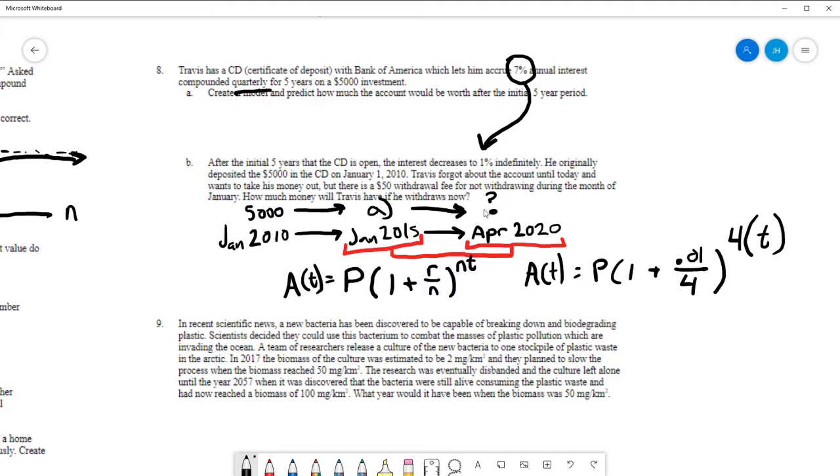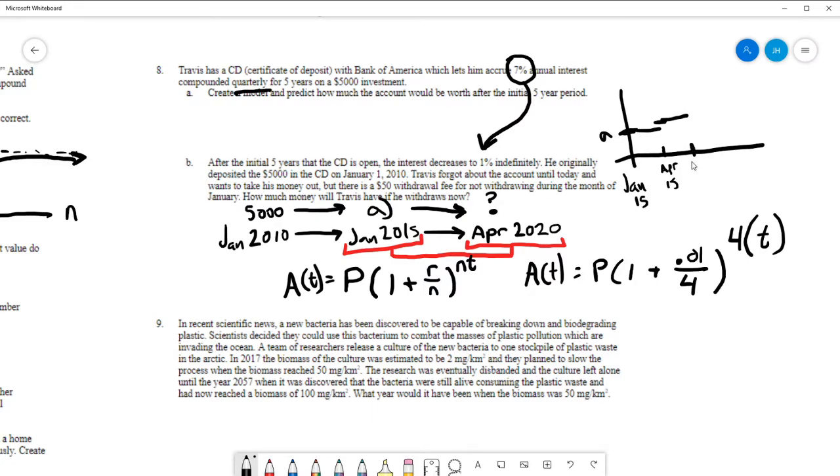So you know what's going on here? Let's look at a timeline. In January 2015, we have some amount of money, right? It's compounded quarterly, so we don't gain money until after one quarter. That's going to happen in April of 2015. So it gains some interest, right?